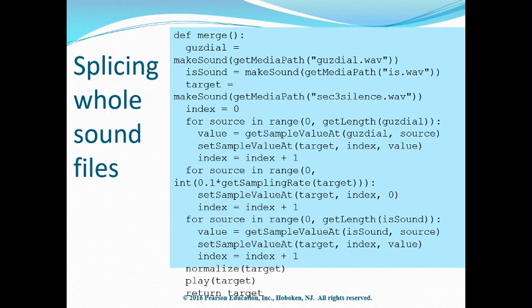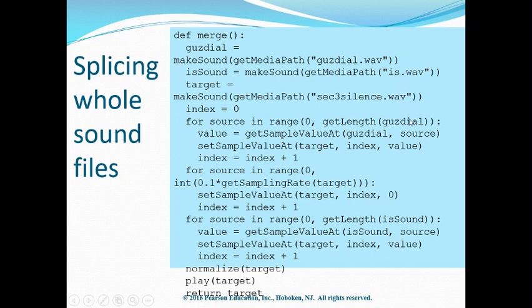Let's skip down a little bit. So we have target equals 3 seconds of silence, for source in range, the guzdial. What you can actually see happening is that we're going through each sound file. So we're going through guzdial, and we're setting the sample value to the target.